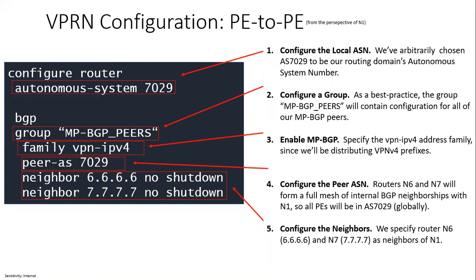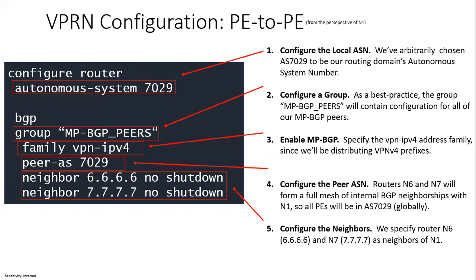And here we have our PE to PE routing protocol. So first we configure our local ASN, and we've arbitrarily chosen the ASN 7029, just any public ASN to represent a particular service provider. And once we've got the ASN configured, we configure a BGP group. So configure router BGP group, multi-protocol BGP peers.